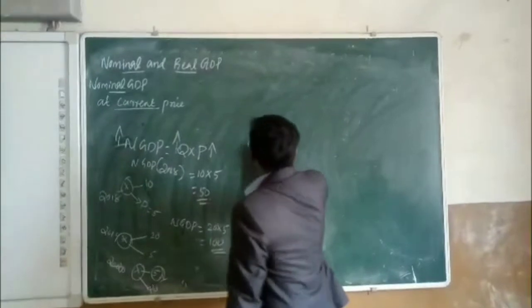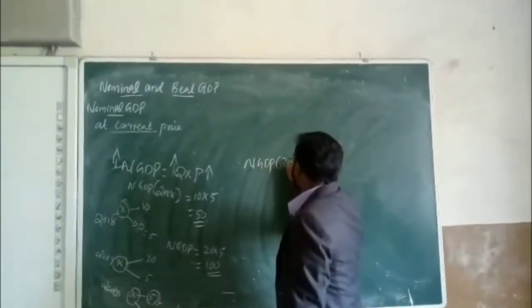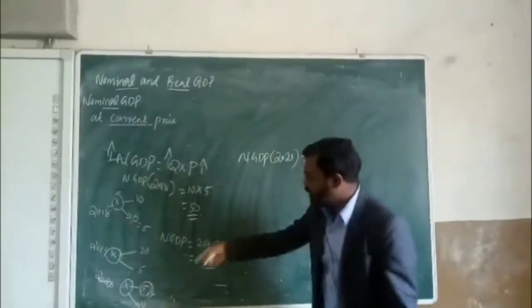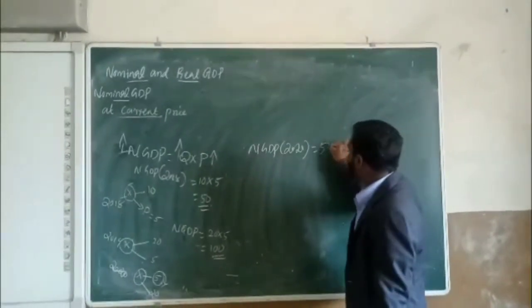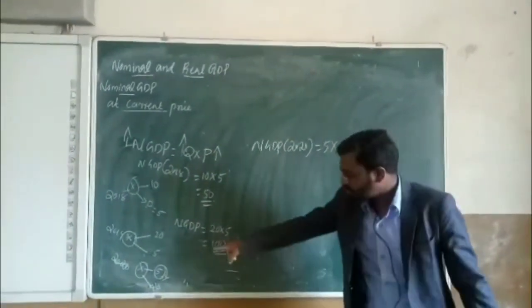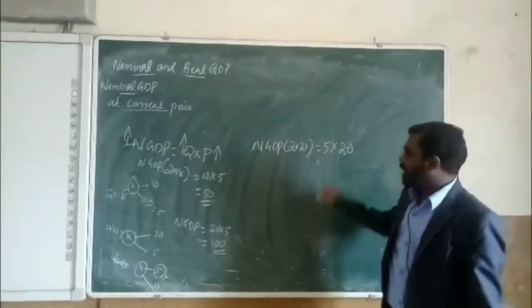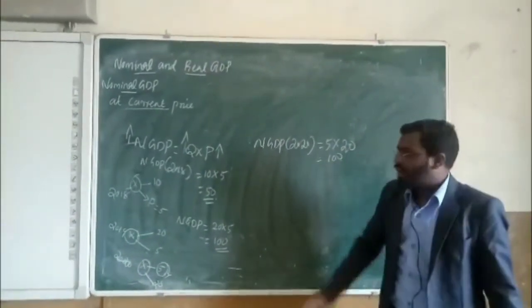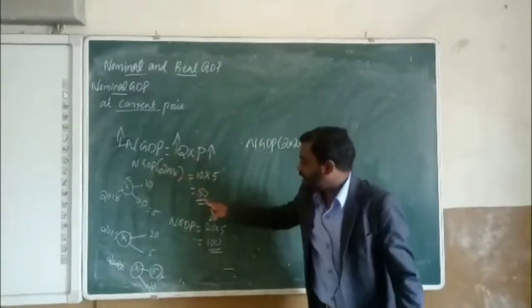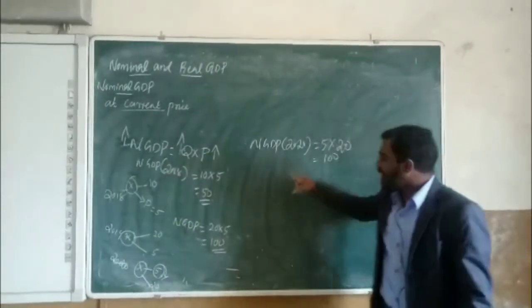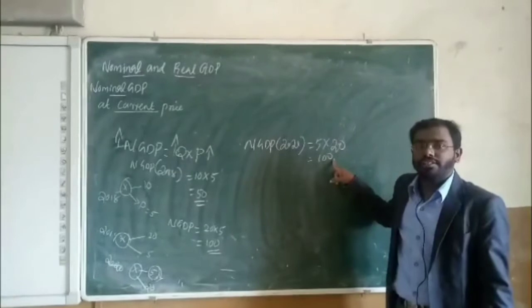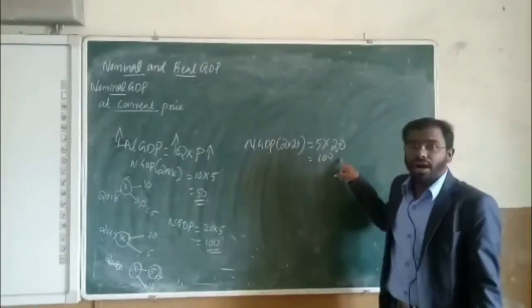So nominal GDP of 2020 is equal to output 5 into price level 20, that is equal to 100. So in 2018 the nominal GDP was 50, and in 2020 the nominal GDP increased to 100.